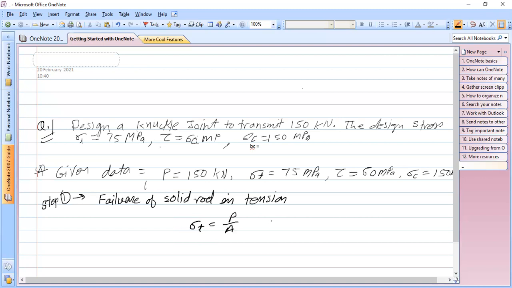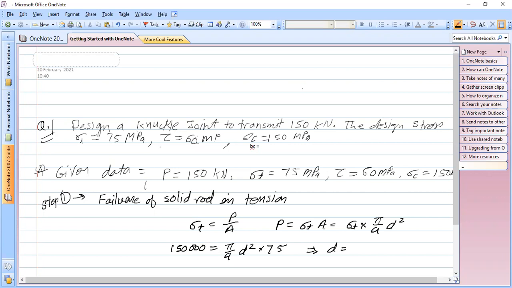So we can take P is equal to sigma T into area, sigma T into pi by 4 d square. P value is given, 150 kilonewton, I will convert this into Newton, is equal to pi by 4 d square into sigma T. How much is it given? 75 megapascal, so I will write 75. Using this equation, how much d value are we getting? Just tell me the d value answer.